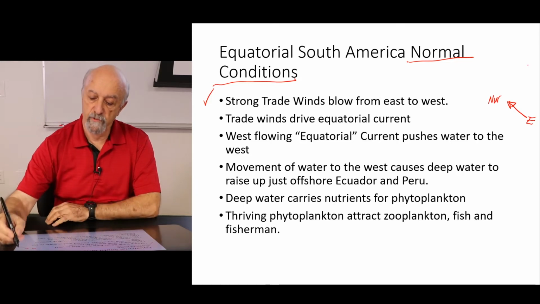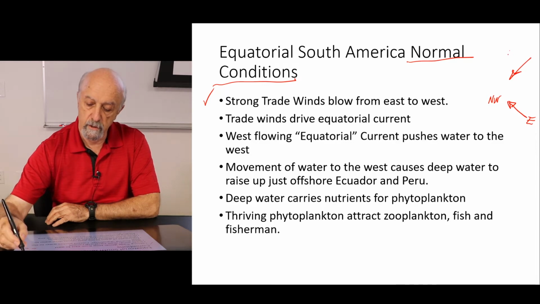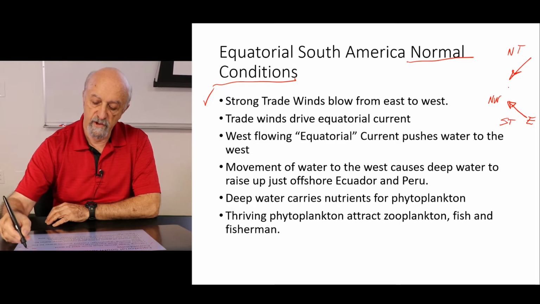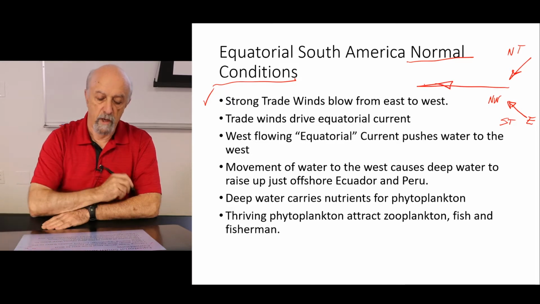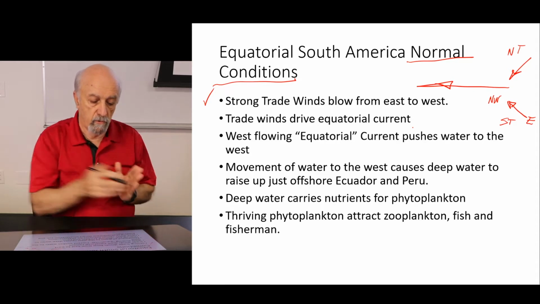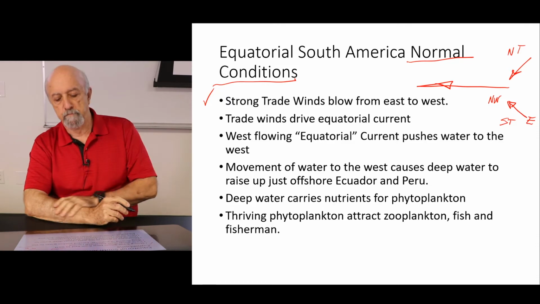And we have another counterpart in the north, these are the northern trades, these are the southern trades, and that is actually driving a very important current we call the equatorial current. Those two are producing a flow of water to the west in a continuous way.